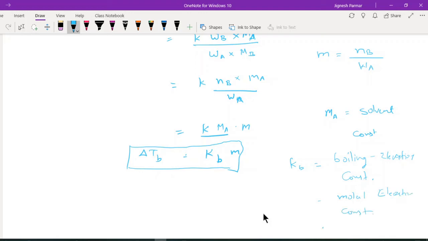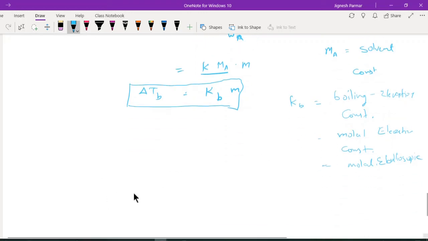Okay guys, it is also considered the molal ebullioscopic constant. This is very important to understand, and this formula is useful for us.